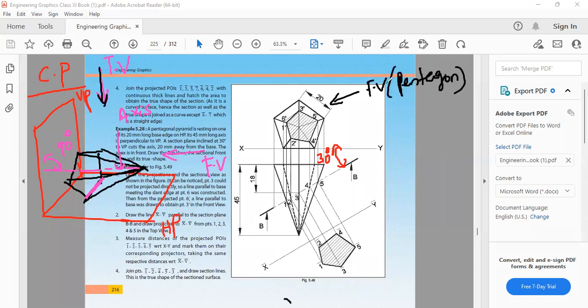The front view is a pentagon and the top view is a triangle. So what about this distance from the XY line to this base? It can be any distance. Correct.